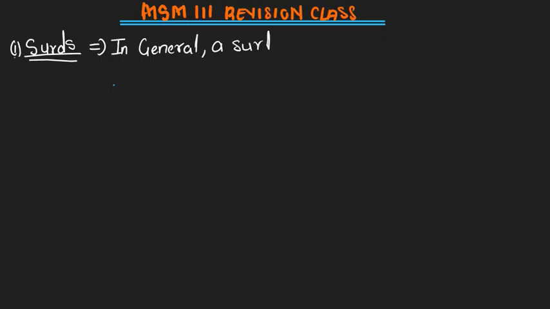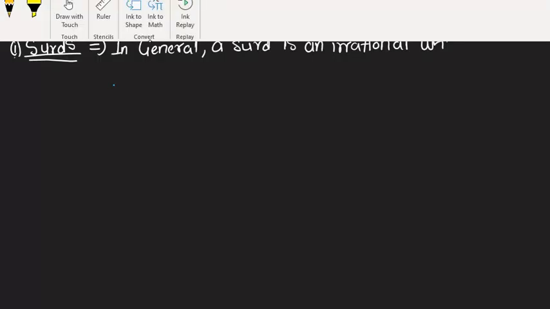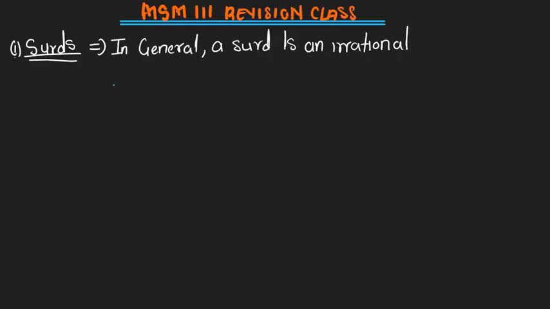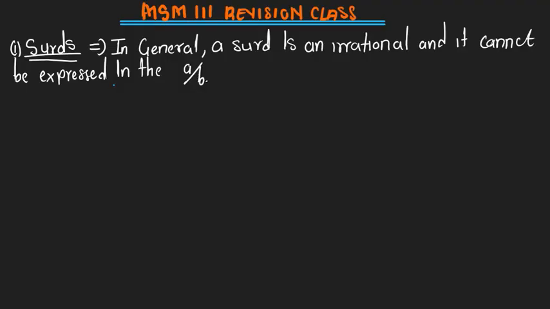So in general, a SURD is an irrational number, and it cannot be expressed in the form a over b.